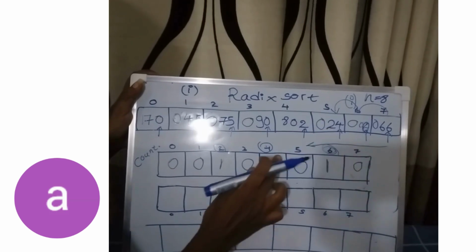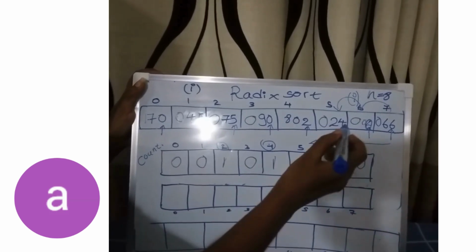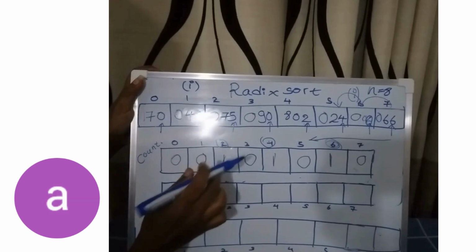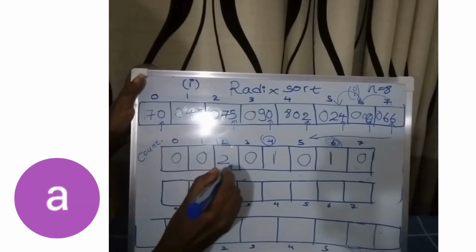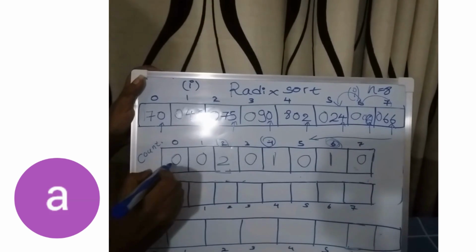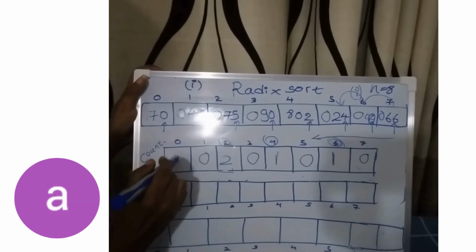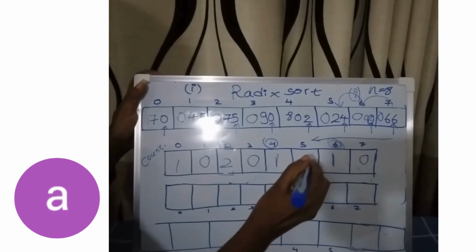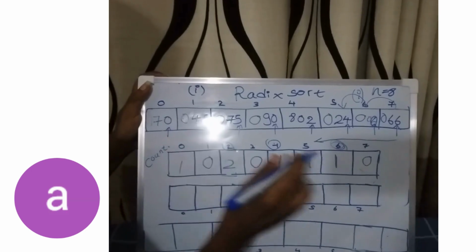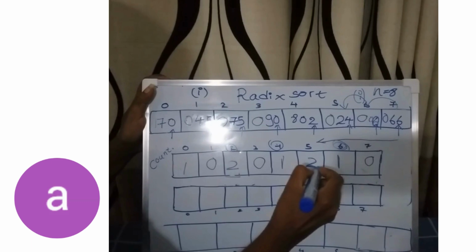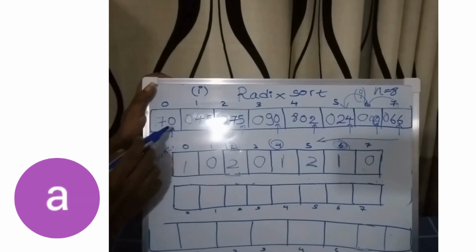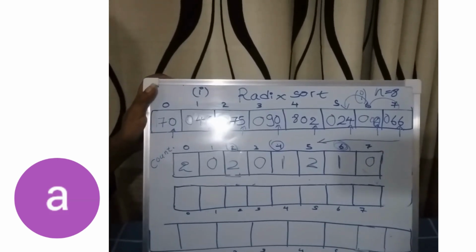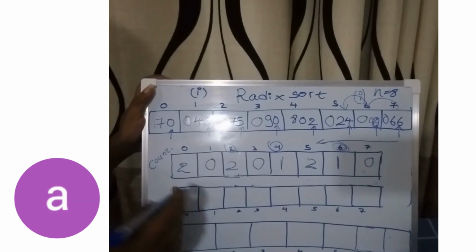Then we move to the fourth index and mark, and we move to the next and mark 2, and the previous equals 1, then 1 plus 1 is 2. The next is 0, 0 plus 1 is 1, and also we made 5, 5 plus 1 is 2. Then finally the zeroth index has 1, 1 plus 1 is 2.